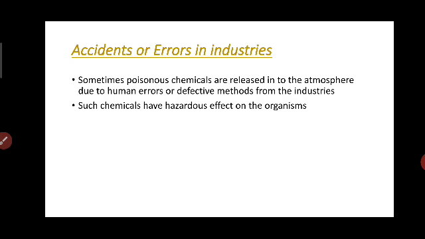Next, accidents or errors in the industries. Industries regularly pollute the air through chimneys and by releasing poisonous chemicals. But sometimes poisonous chemicals are released into the atmosphere due to human errors or defective methods in the industries.